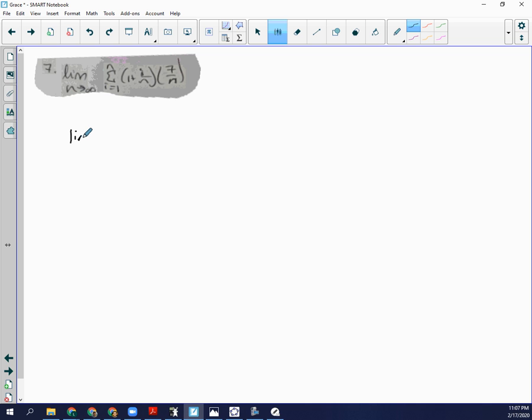Okay, so the limit as n approaches infinity of 7 over n times the sum from i equals 1 to n of 1 plus i over n.